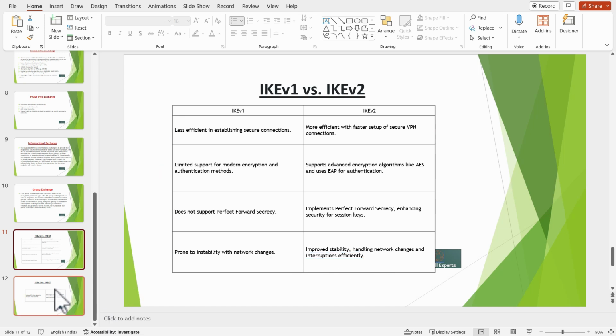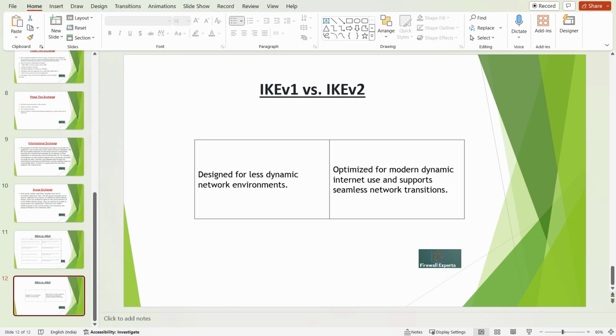Let's move on to one more difference. IKEv1 is designed for less dynamic network environments, while IKEv2 is optimized for the modern dynamic internet and supports seamless network transitions.